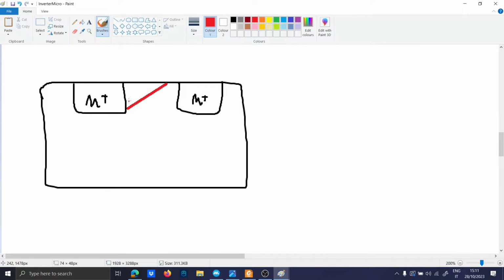Let me draw minus. This is the saturation region, and this is the length, the effective length of the channel. This is the depletion region, and this is called the pinch-off point.